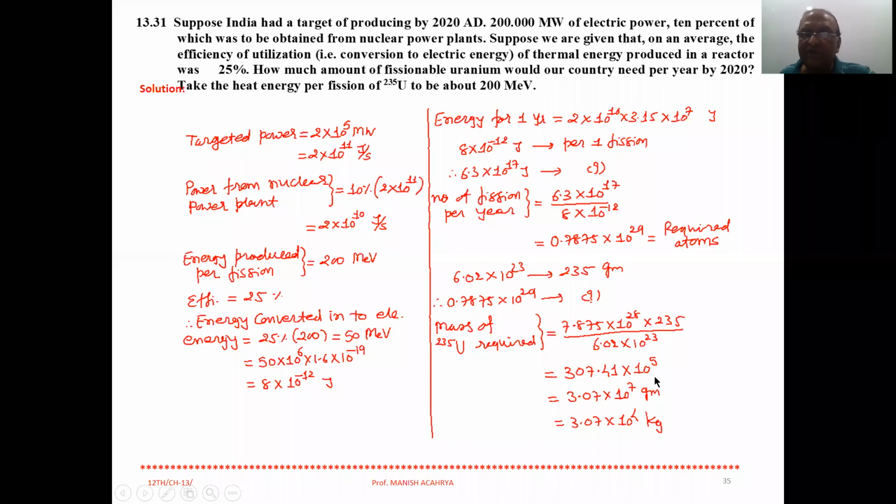If you solve this, your answer will be 307.41 into 10 raised to 5. You can write that as 3.07 into 10 raised to 7 gram, so 3.07 into 10 raised to 4 kilogram. This much uranium is required per year. Clear?